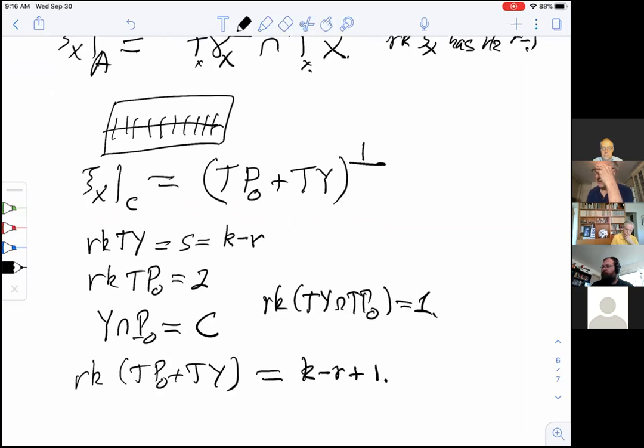And therefore its perpendicular is K minus this number, so it's also R minus 1.